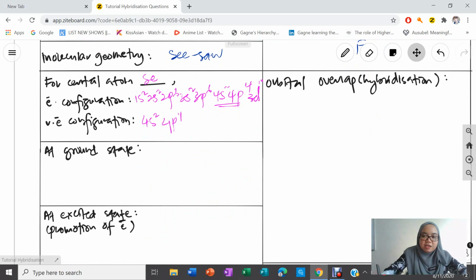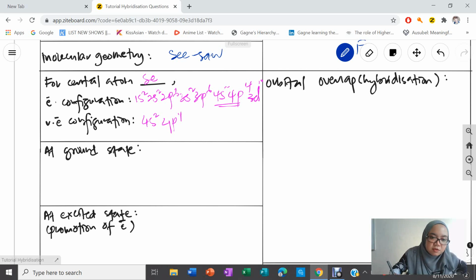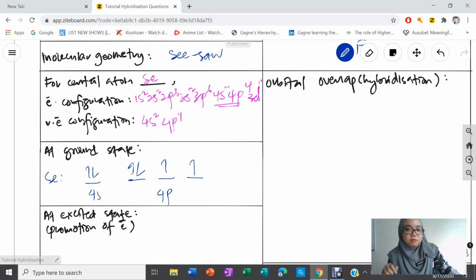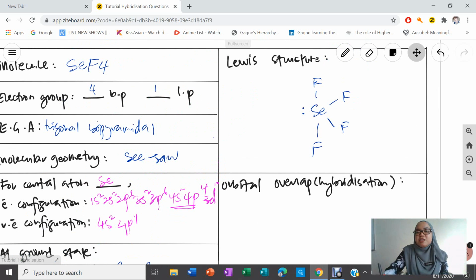So at ground state, we draw this Se: for 4s, for 4p. For 4s2, 1, 2, for 4p4, 1, 2, 3, 4. If you look at the Lewis structure, how many bonds are there? 1, 2, 3, 4.